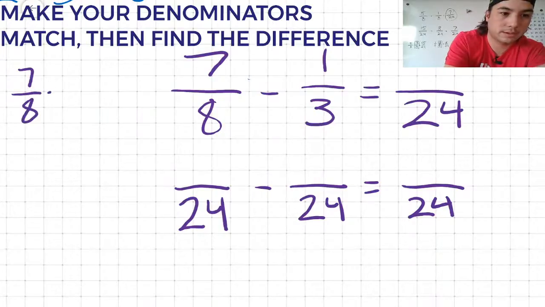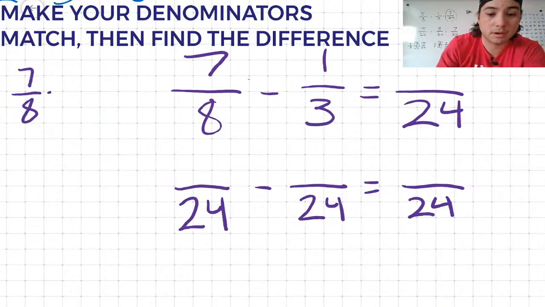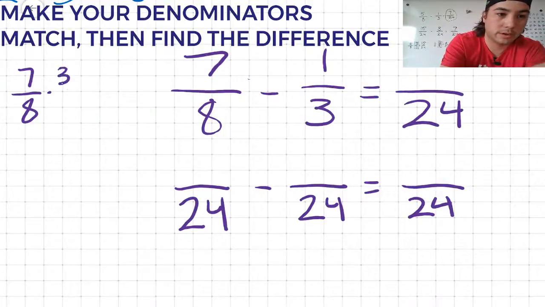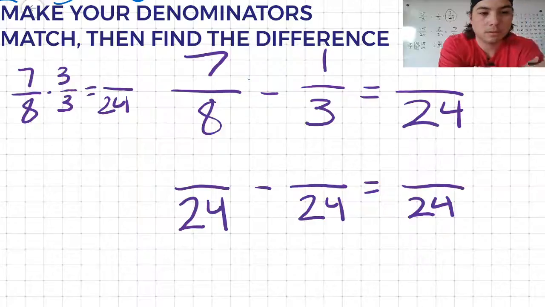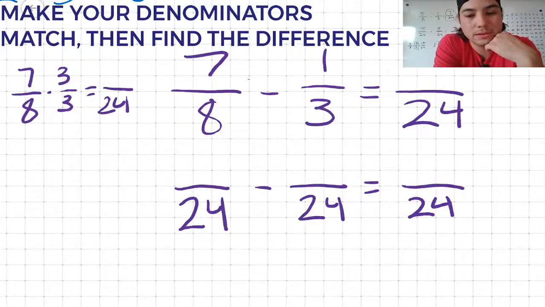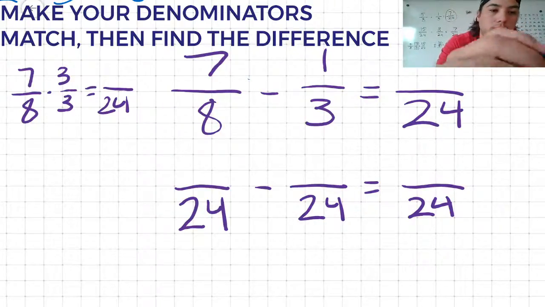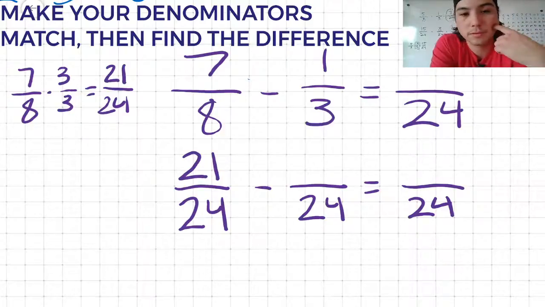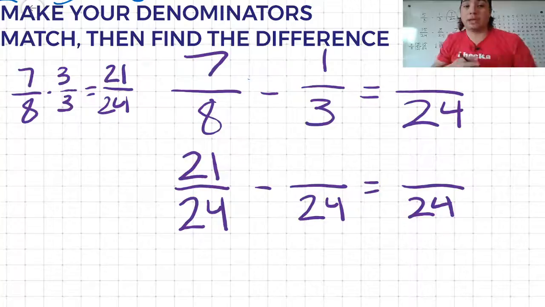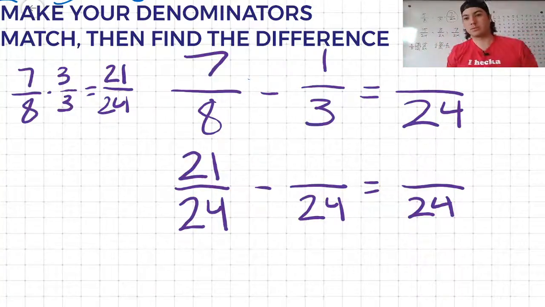Seven eighths times 3/3, right? Because 8 times 3 equals 24. So now all you have to do is 7 times 3, which equals 21. So we're going to have 21 20/4 minus, and does anybody remember how many 20/4 1/3 equals?